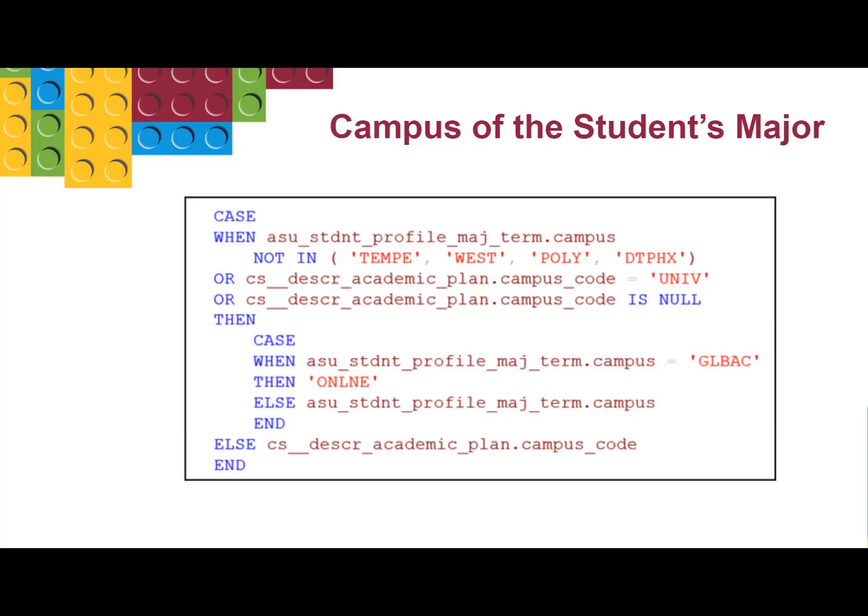Otherwise, the value will be the campus from the student profile major term. The last else statement finds the value from the CS Desker academic plan code field for the rest of the students who don't meet the criteria above. So this would be the students with a campus value in the student profile major term of Tempe, West, Poly, or downtown, or a CS Desker campus code value of university or null.